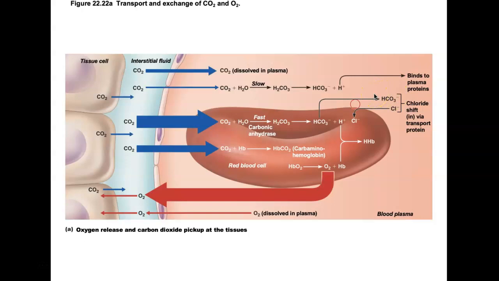To counterbalance the rapid outrush of these anions from the red blood cells, chloride ions move from the plasma into the red blood cells. This ion exchange process is known as the chloride shift, which occurs via facilitated diffusion through a red blood cell membrane protein.